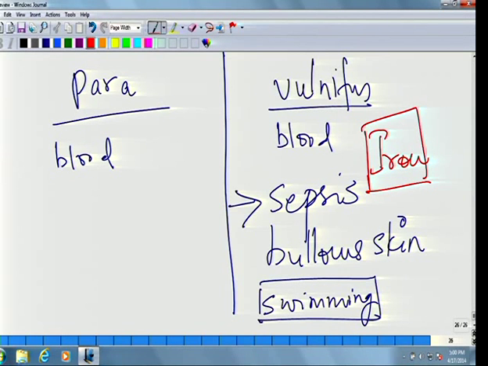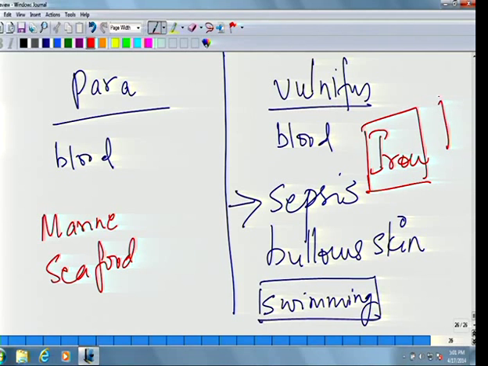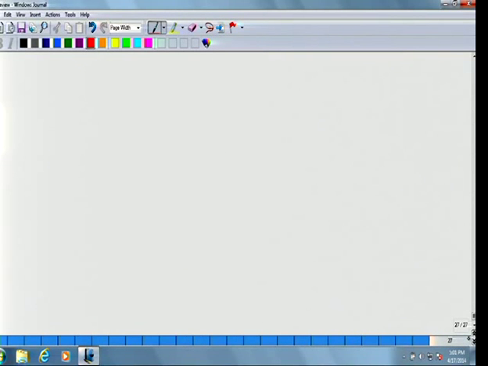Both these infections are mostly from marine seafood. But this vulnificus infection is characterized mainly by severe sepsis, and this is much more fatal than parahaemolyticus infection.